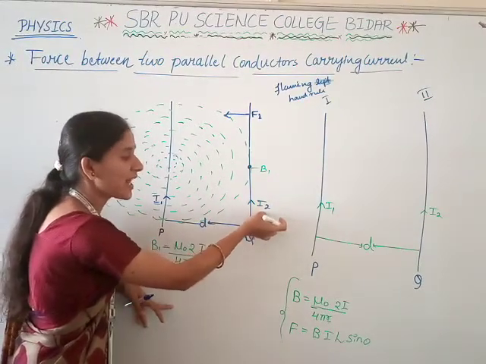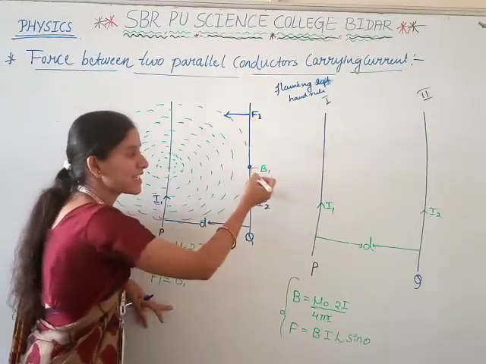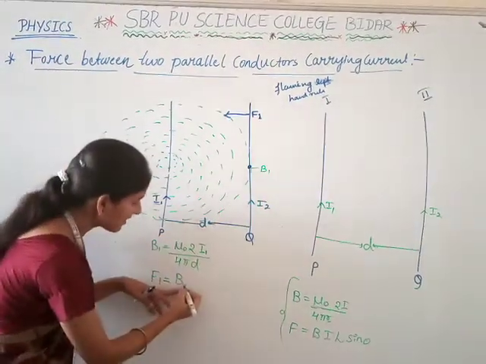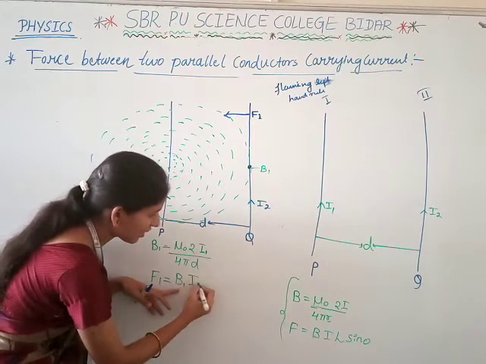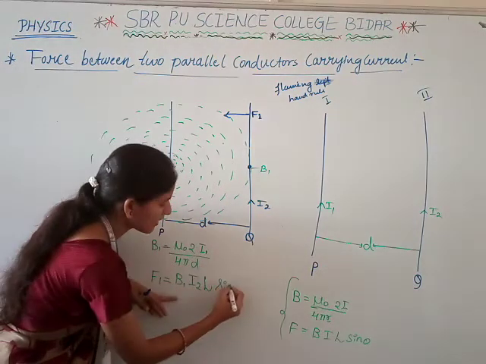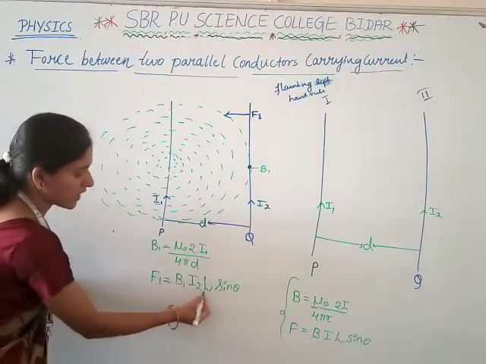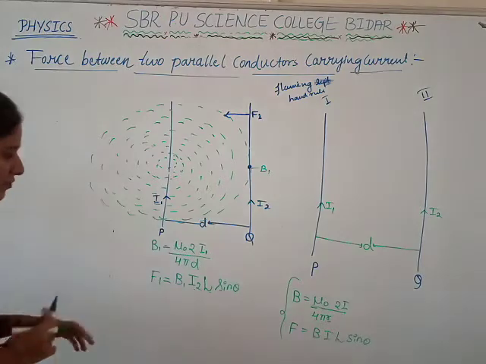Means when the current I2 is flowing through a conductor Q, the force F1 is experienced. Means we have to take current as I2 here. Okay, L as its length and sin theta here. Okay, F1 is equal to B1 I2 L sin theta.